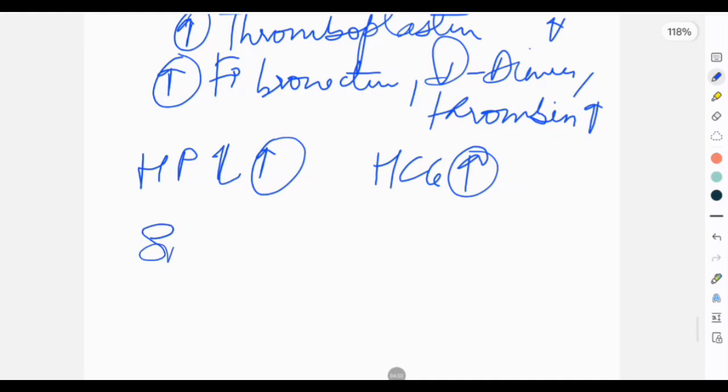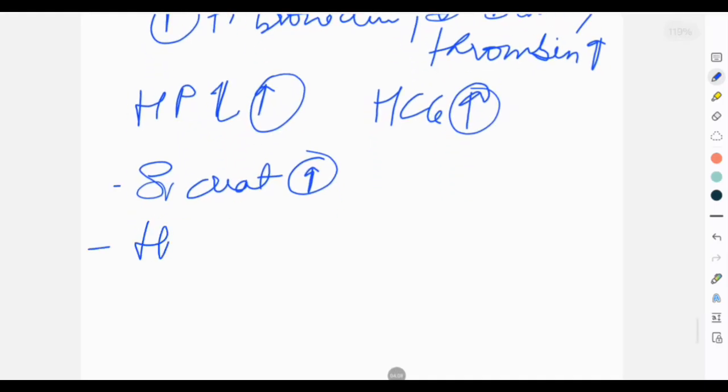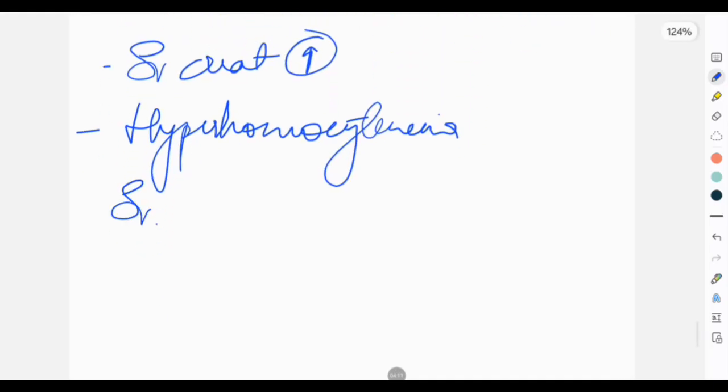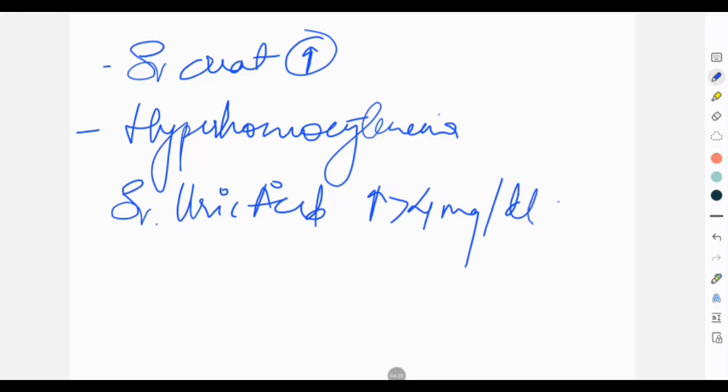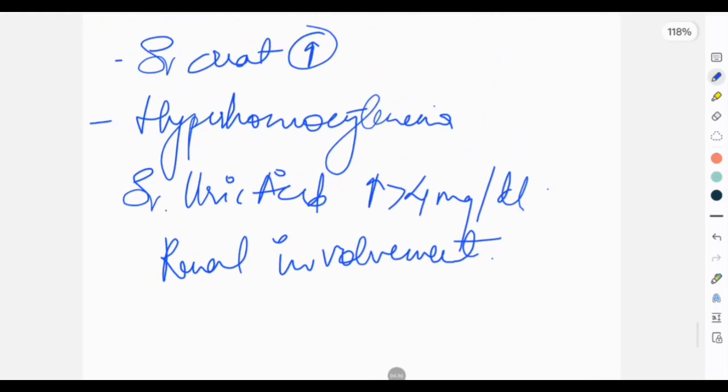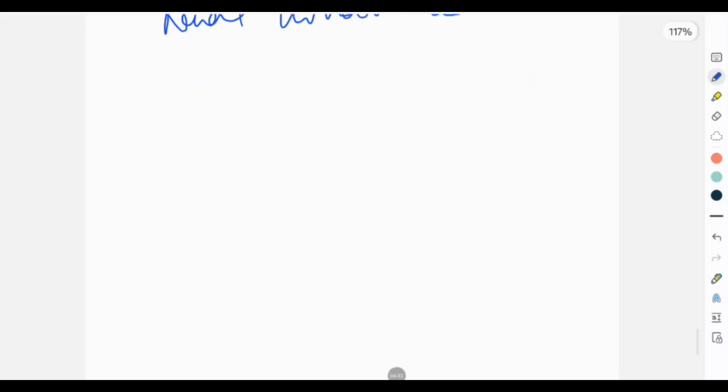Then serum creatinine increases. Hyperhomocysteinemia, serum uric acid increases to more than 4 mg per deciliter. Then there is also renal involvement. So these are the complications that can occur mostly in cases of preeclampsia.